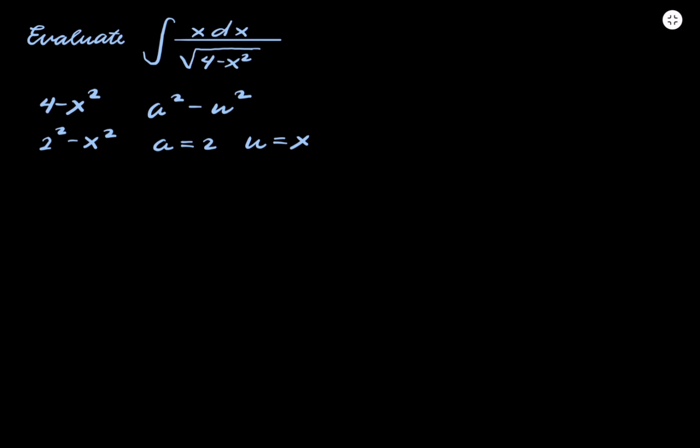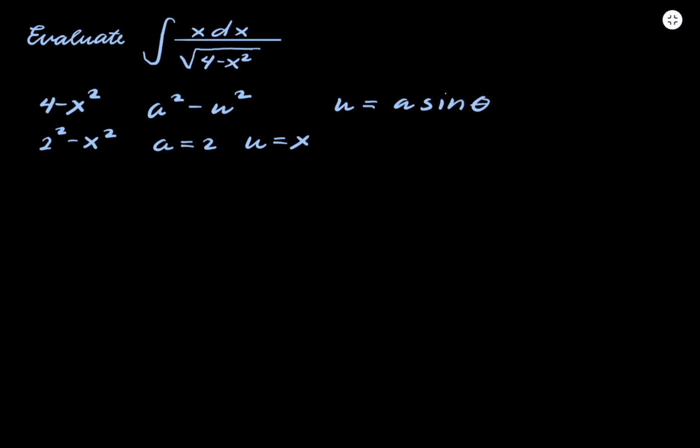Now, if we have this form, we are going to use the trigonometric substitution u equals a sine theta. So if we have a squared minus u squared in the integrand, we are going to use this trigonometric substitution.